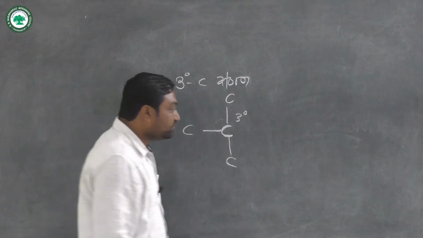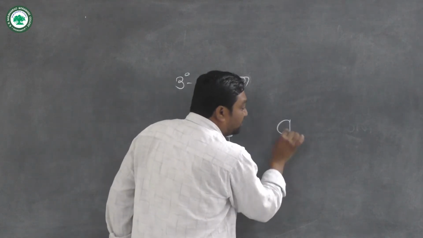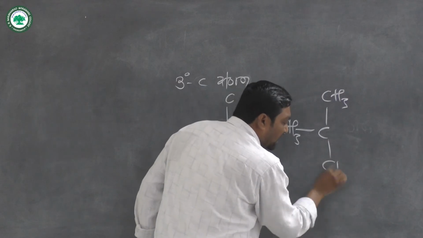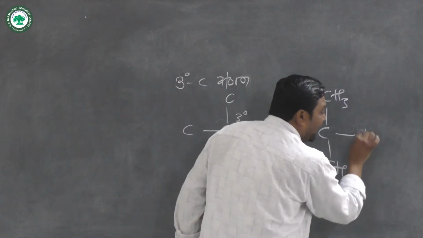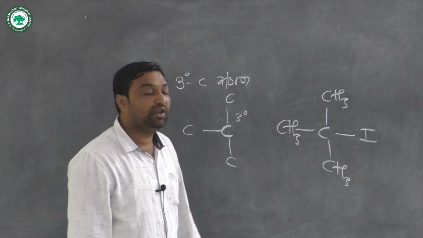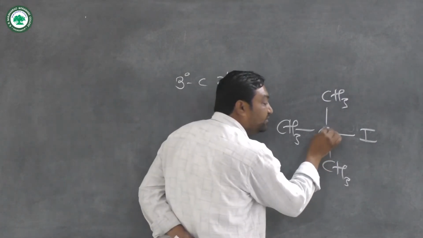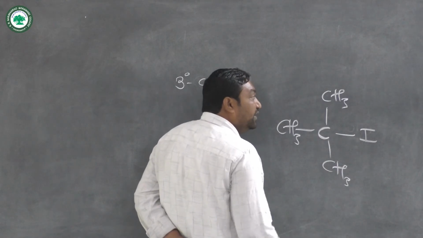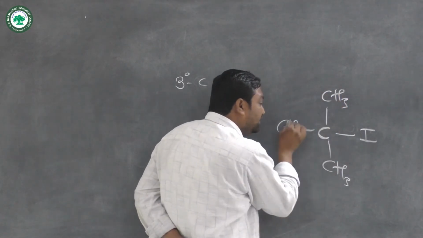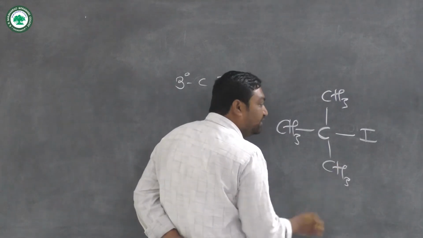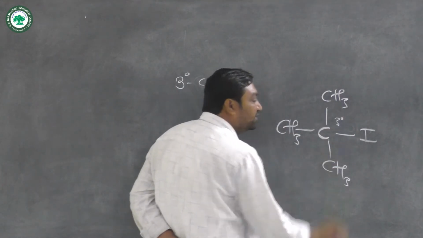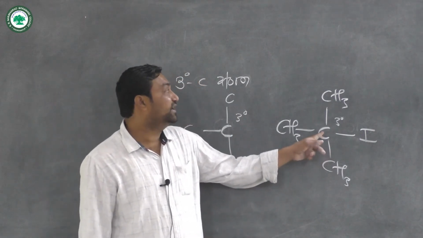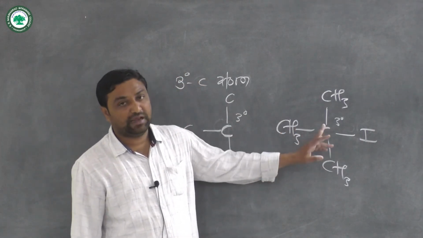Now, this is tertiary butyl iodide. The carbon atom on which the halogen atom is present, due to the three directly attached carbon atoms, becomes tertiary in nature. That's why it is considered a tertiary carbon atom.